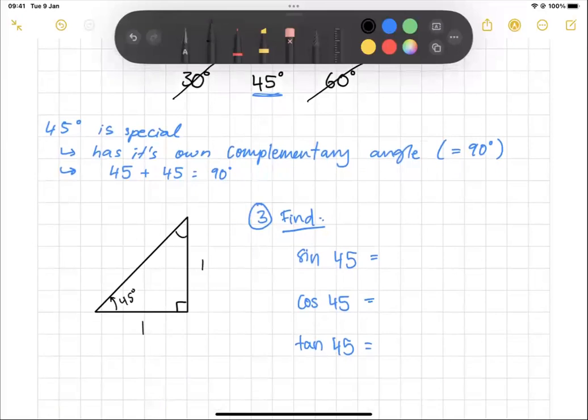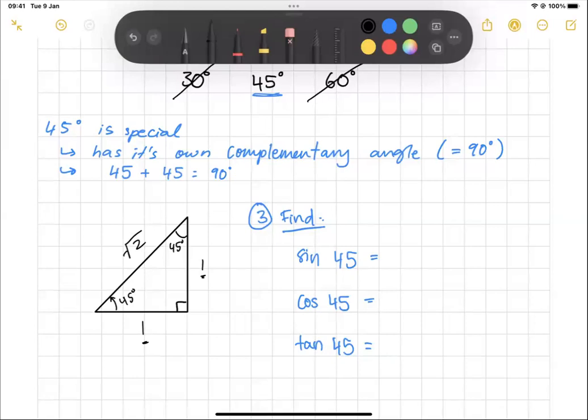That's the reason why these sides would be the exact same length. Then I need to find my hypotenuse, which is super easy. 1 squared plus 1 squared equals 2. X squared equals 2. I get x equals square root of 2.